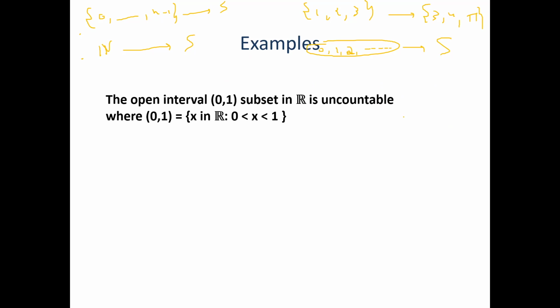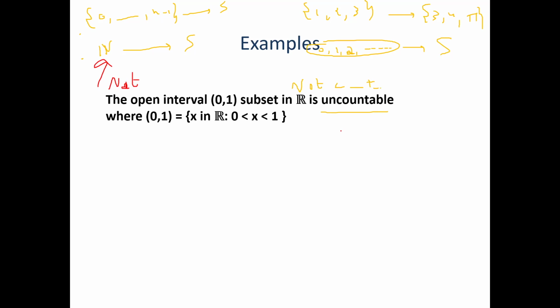Now it's a new idea: prove that something is uncountable. Well, we mentioned uncountable simply means it's not countably infinite. So it's not this thing. Usually the idea, if you want to prove that something is uncountable, is to assume that it is.